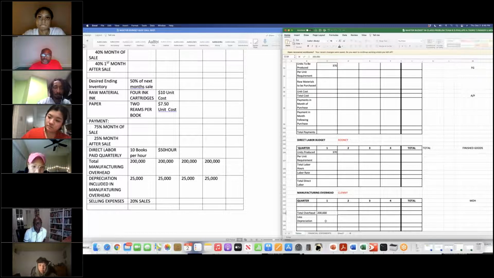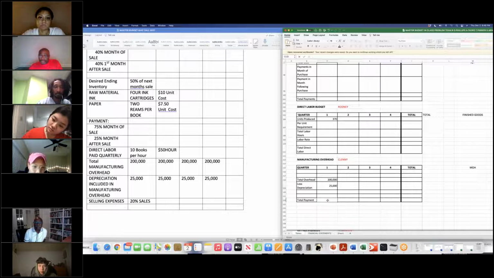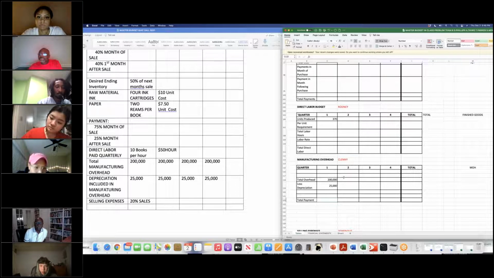What's your depreciation? What does it say? 25,000. But so what's your cash outlay gonna be? If the total overhead is 225 and 25 of it is depreciation, then you only have to pay cash of the difference. 175.